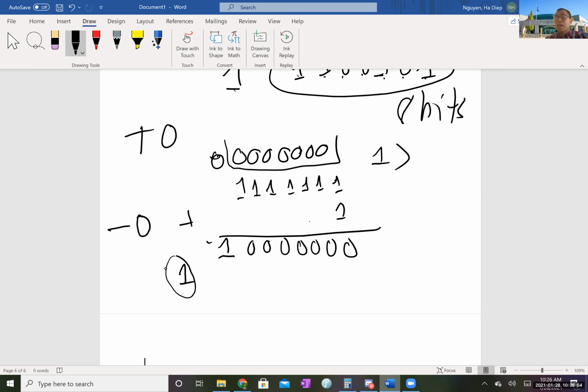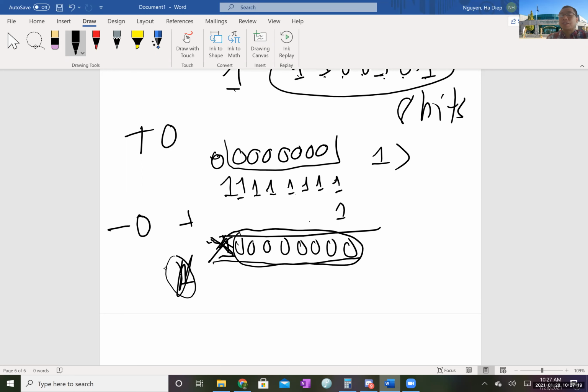And remember, in the case of the overflow, you have 0 here, and in this case you will have 9 bits, it's not 8 bit anymore. So in the case of overflow, you have to discard the leftmost bit here. You just drop this one. So that's why you have everything 0 here.